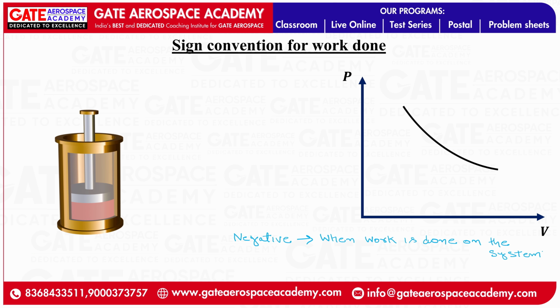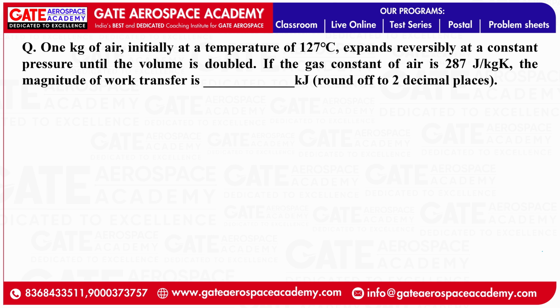Now let's solve a few problems. 1 kilogram of air initially at temperature of 127 degrees Celsius. So we have mass equal to 1 kilogram initially at temperature of 127 degrees Celsius.